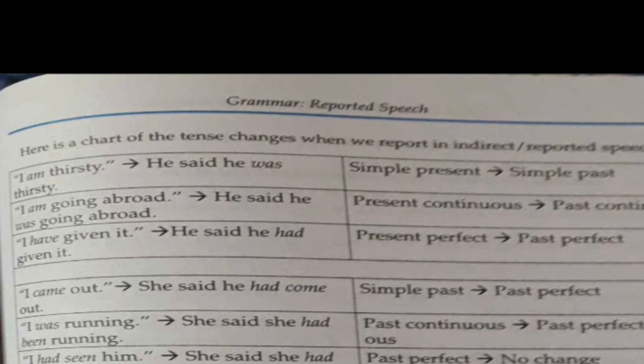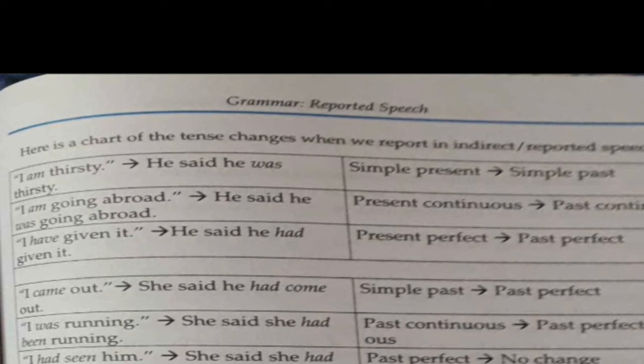Say plus to plus someone plus that plus reported statement. So, she said that she was extremely tired. She said to me that she was extremely tired. I said that I had seen the play. I said to my friend that I had seen the play.